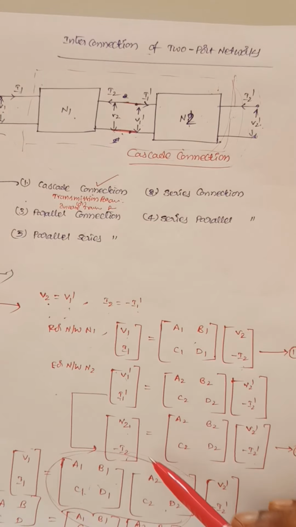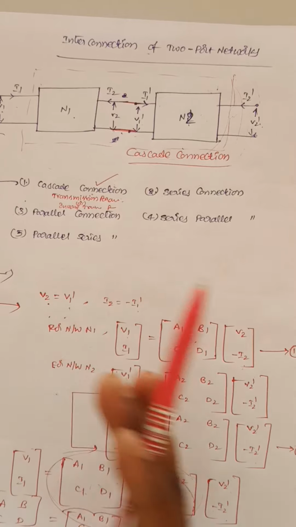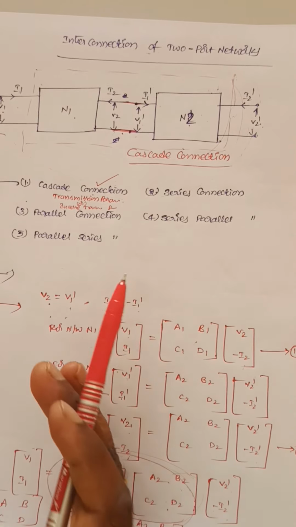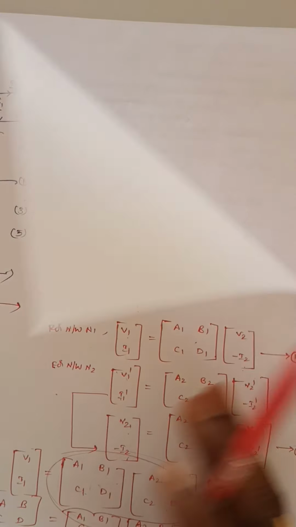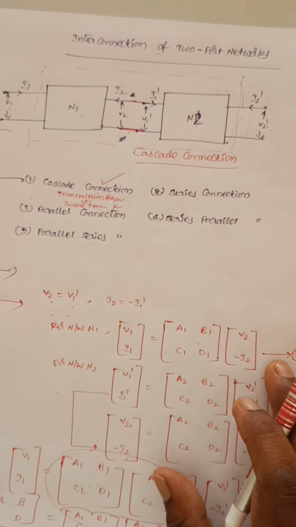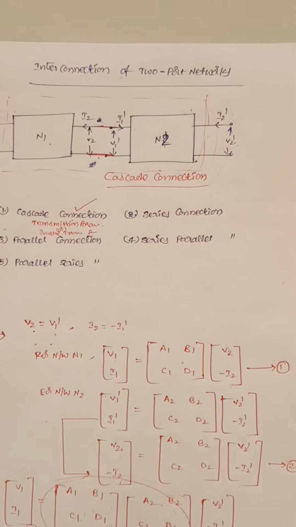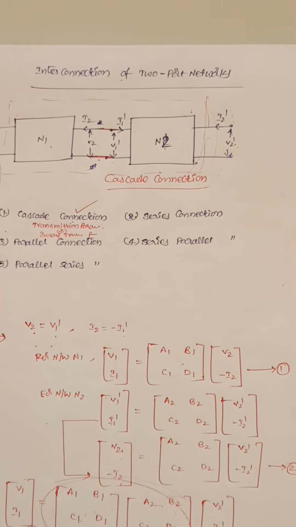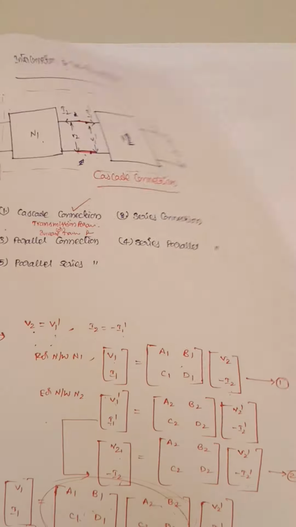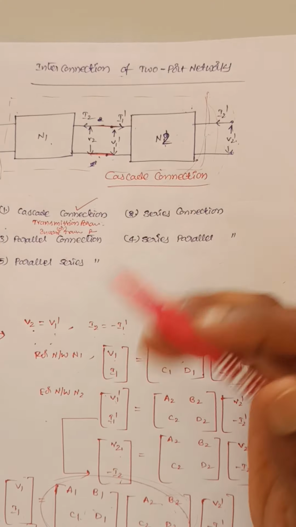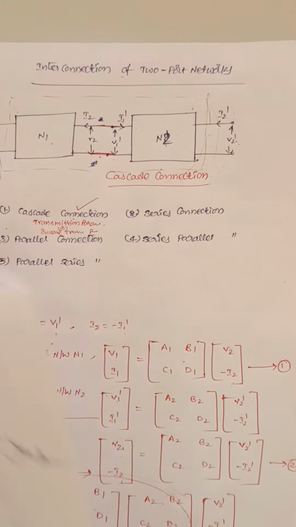In the case of inverse transmission line parameters, it will be reversed. This matrix will come first, and this matrix will come after. So this is the way of finding the equivalent parameters for this cascade connection. This is a way of analyzing the cascade connection.